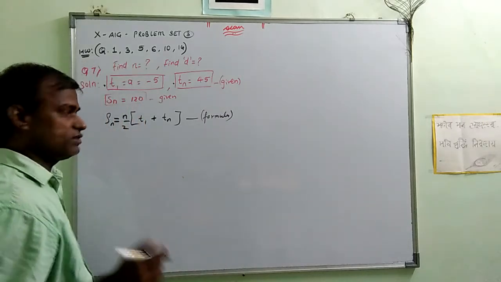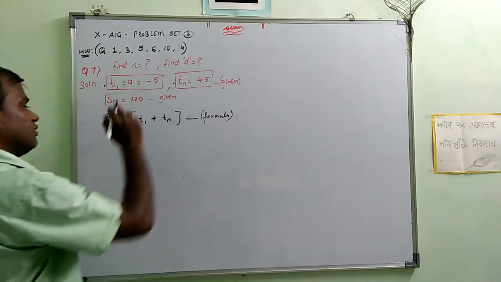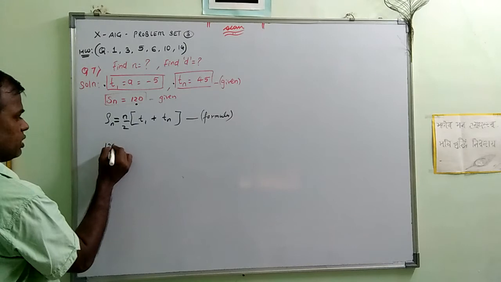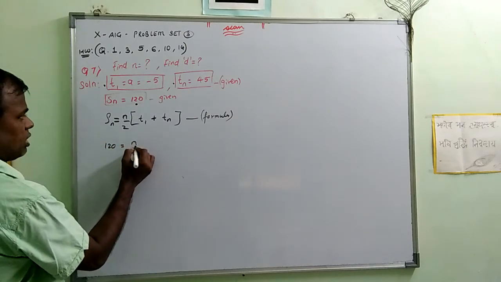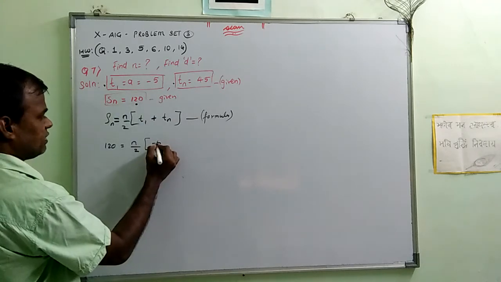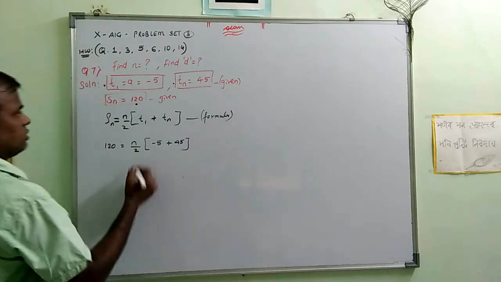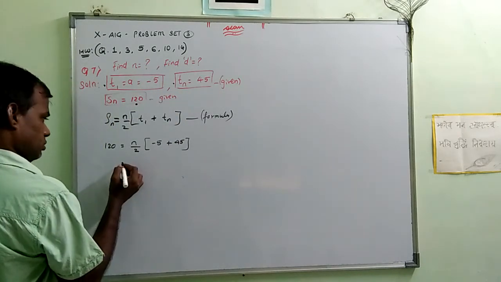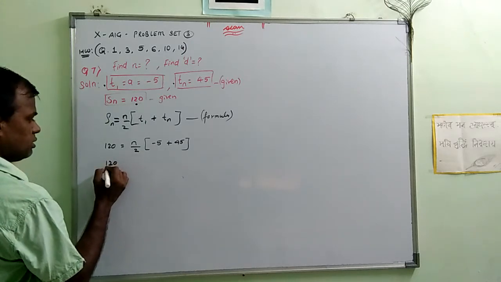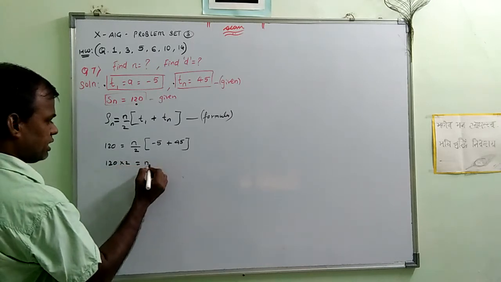There were two types of formulas, in which this is the second type where the first and the last term is given. So we will use this. The sum is also given here. So we will put 120 equals to n upon 2, T1 is minus 5 plus 45. So 120, this 2 comes here, into 2 equals to n.